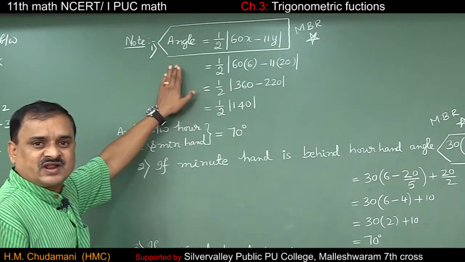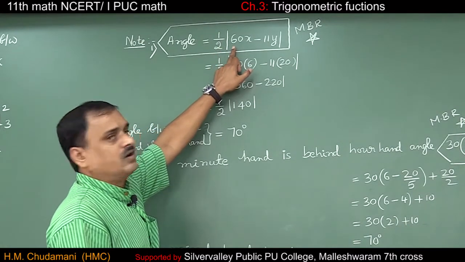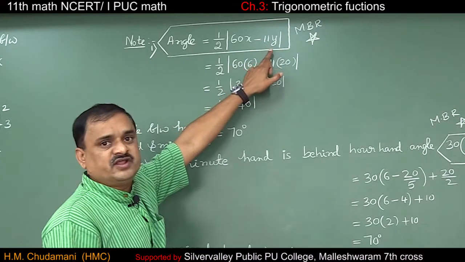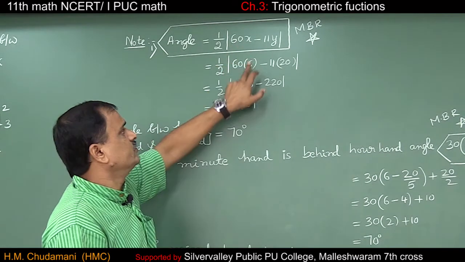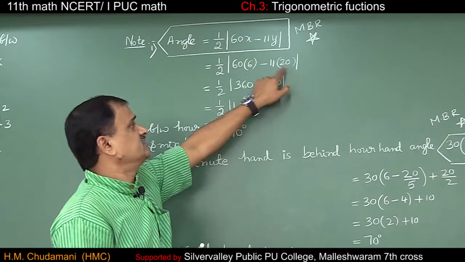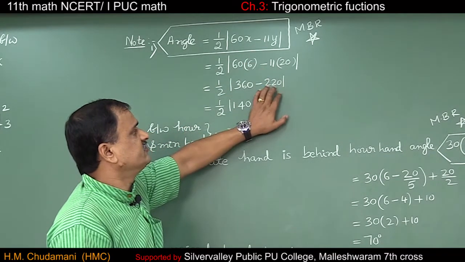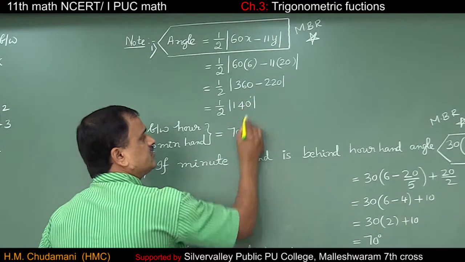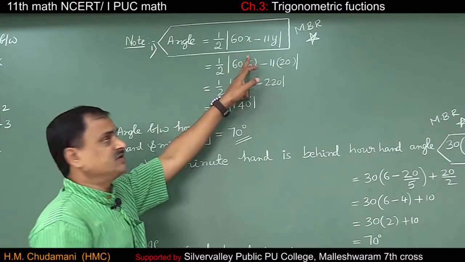The angle between the hour hand and the minute hand is given by 1 by 2 into the modulus of 60x minus 11y, where x denotes the hour and y denotes the minutes. So 60 into x, 6 hours, and y is 20 minutes. 60 into 6 means 360 and 11 into 20 means 220. 360 minus 220 means 140. 140 divided by 2 is 70 degrees. Such a simple one, right?